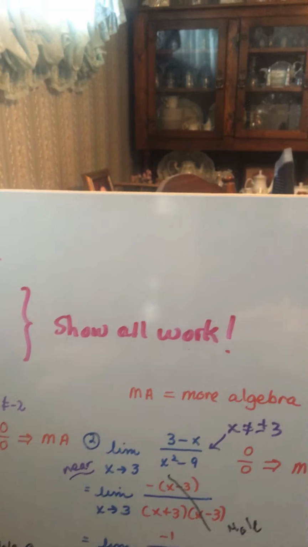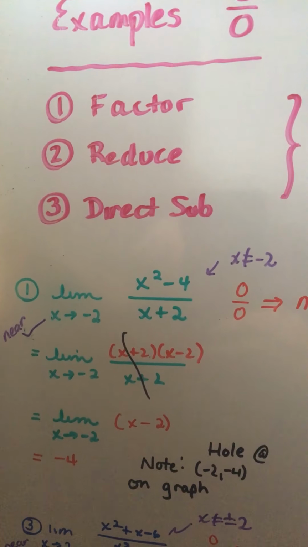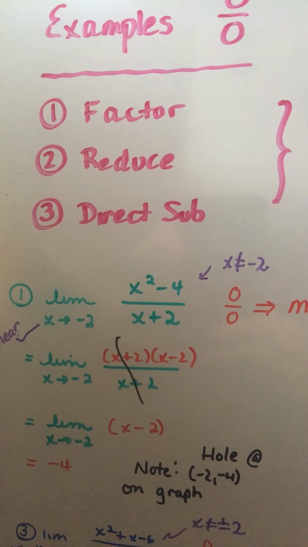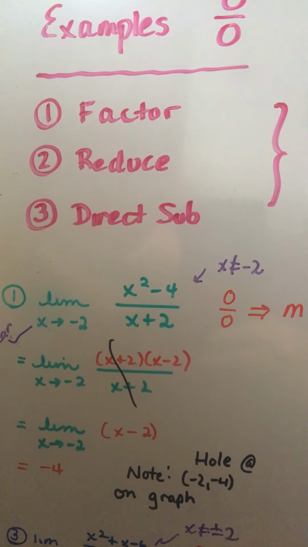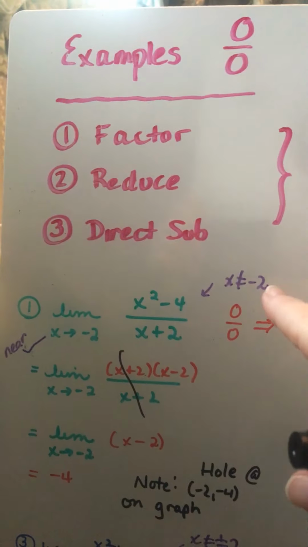So in my first problem, the limit as x approaches -2, that means as x gets closer to -2 but never getting there, of the function x squared minus 4 over x plus 2, note x cannot be -2, but we're near, so we're not worried about that, is 0 over 0 requiring more algebra.